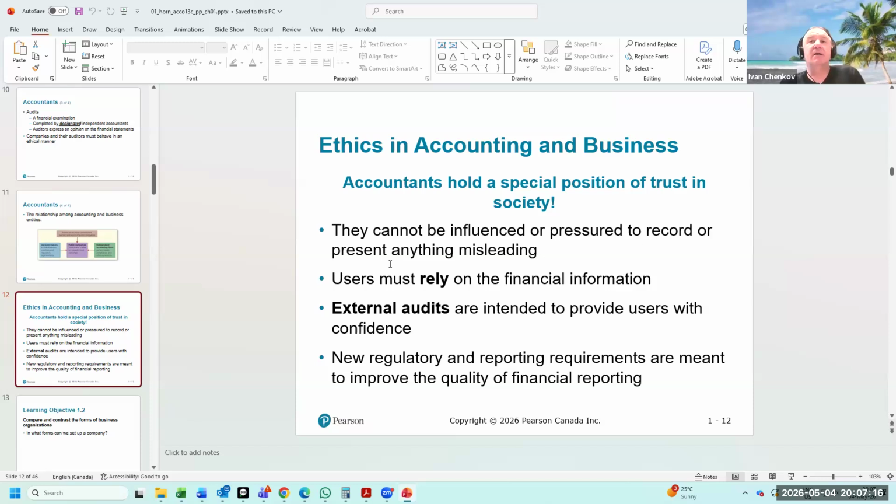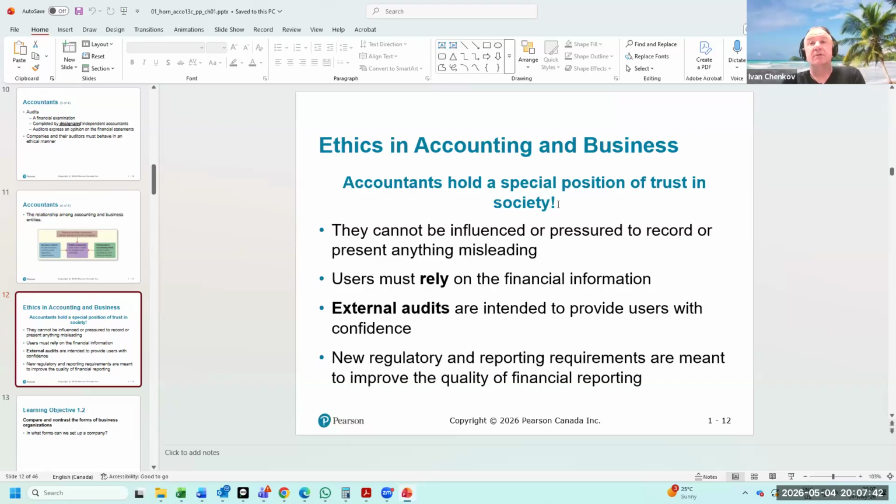They cannot be influenced or pressured to record or present anything misleading, since accountants are in a special position. Users must rely on the financial information. That means that if I'm relying on financial information, accountants are the ones who govern that information and make sure that it is actually reliable.